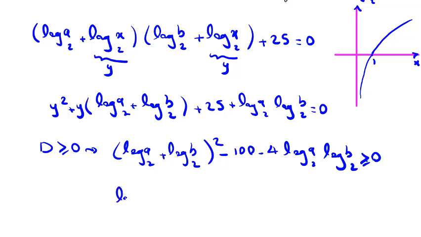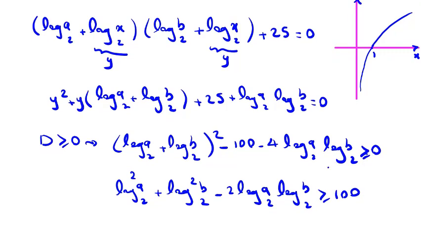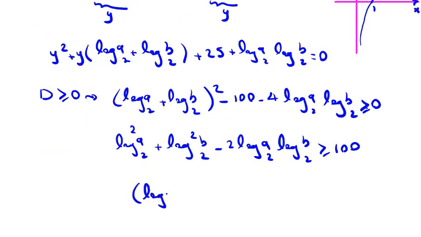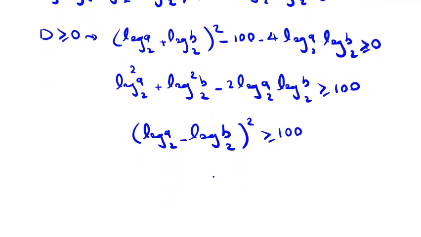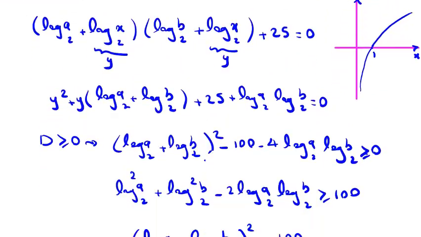Now we say, okay, if I consider log a base 2 squared plus log b base 2 squared plus 2 times this, if you simplify, will be minus log a base 2 log b base 2, is greater than or equal to 100, taking negative 100 to the right hand side. It will be log a in base 2 minus log b base 2 squared greater than or equal to 100. So you should say, okay, log a minus log b, the problem says which of them is greater, the problem says a is greater than b.